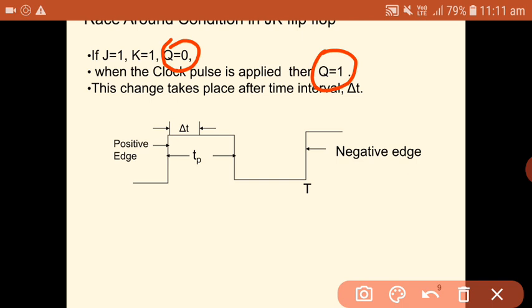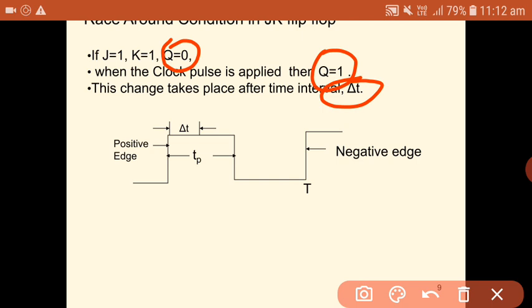So this change will be taking place after a certain duration, that is delta t. This delta t is called propagation delay. As and when the clock pulse is applied, the output is not going to change immediately, because the input signal has to travel through the circuit, so it will take some time to observe the output with respect to the input.